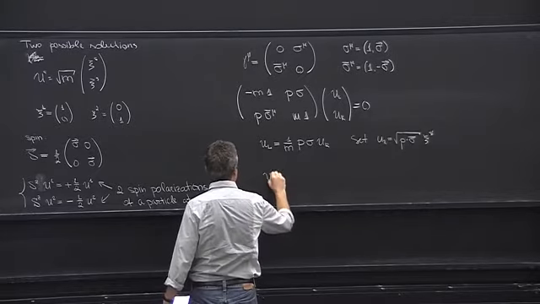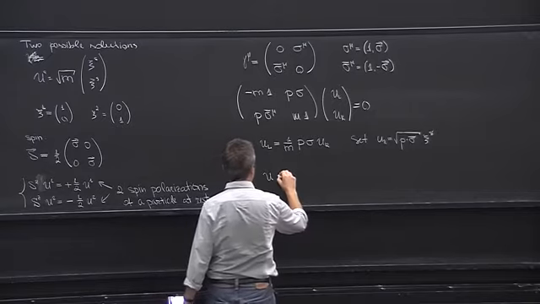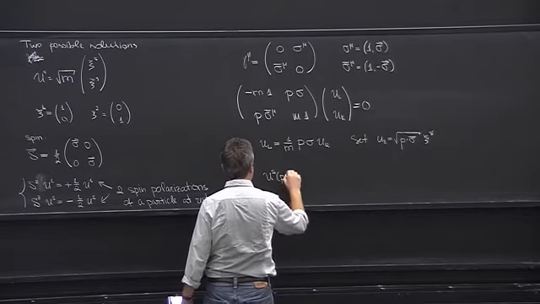And then u left we find from here, and then using some relations between the sigma matrices, at the end we can write the general solution.